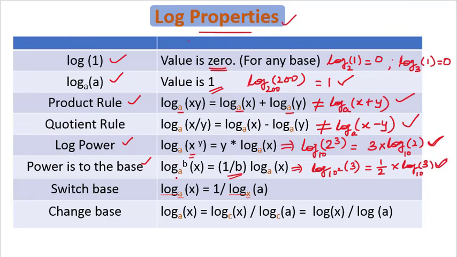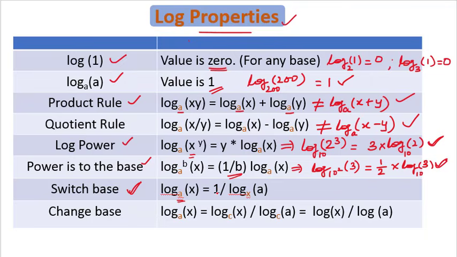Okay. Now, there will be many questions where you will be required to switch the base. So, if I am given log x to the base a, and I want a and x to exchange their positions, how can I do it? I can simply write it as an inverse. See how I've written it here.